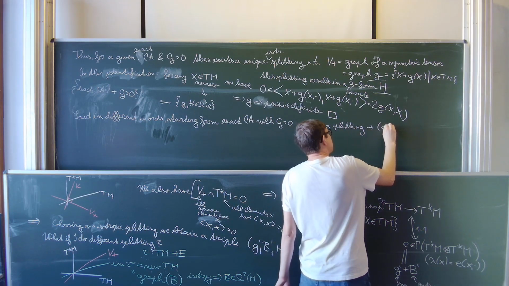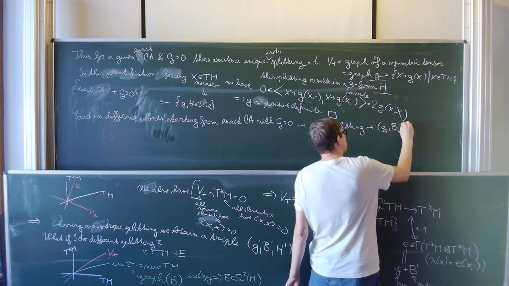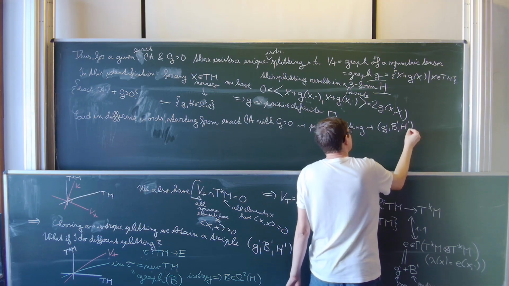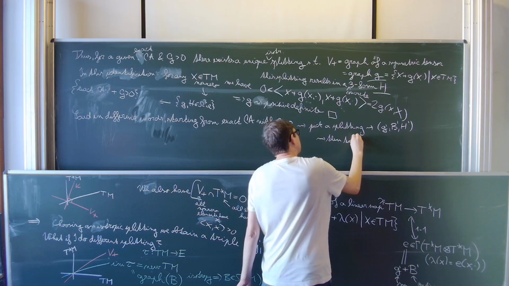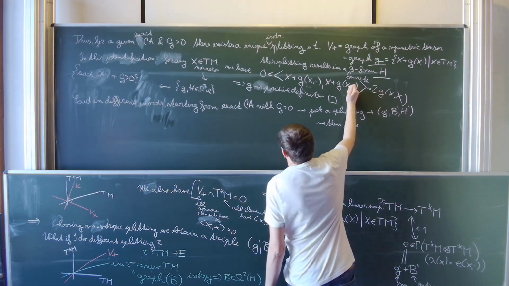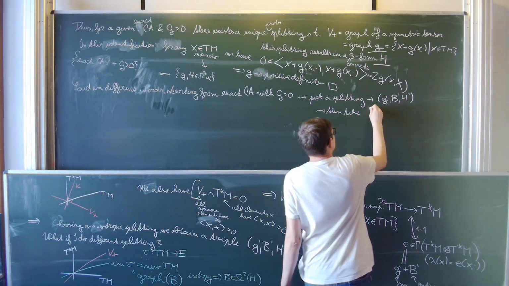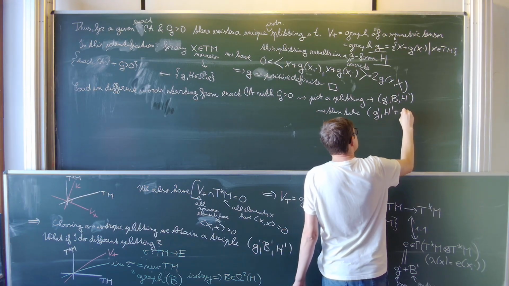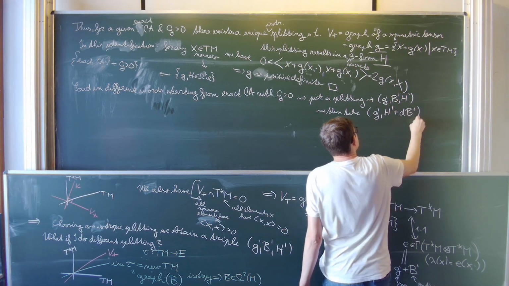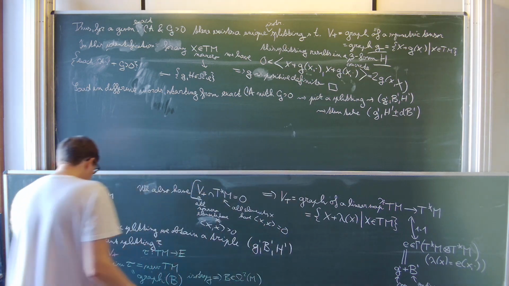This produces a triple G', B', H' with primes, and the resulting pair G and H I get by taking this G' and H' plus dB', plus or minus depending on what the sign was here.